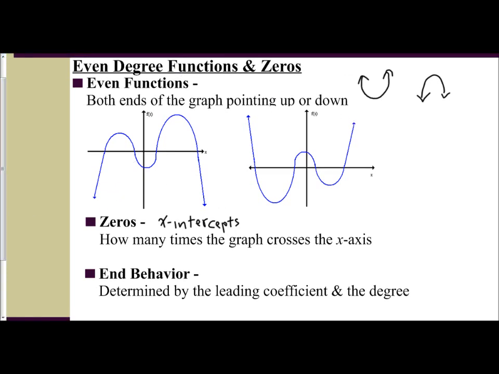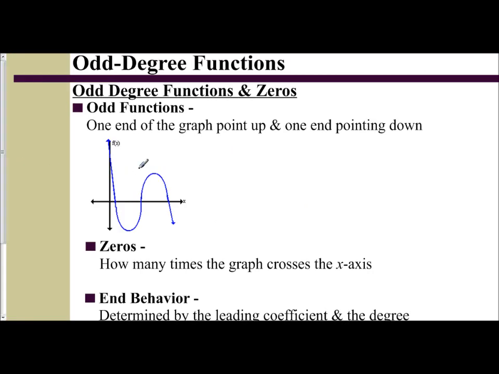Now, if we examine odd degree functions, they are going to point in opposite directions. When you think about odd degree, the first ones many people think of are the third power, then the fifth power, seventh power, but you keep on forgetting there's also the first power being linear, third power being cubic, fifth power being quintic.